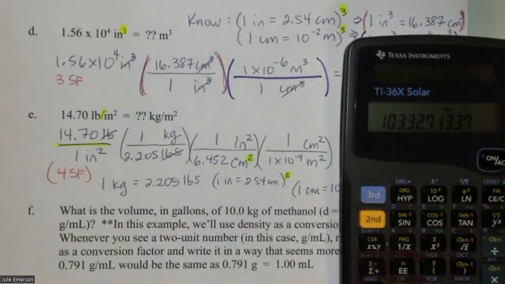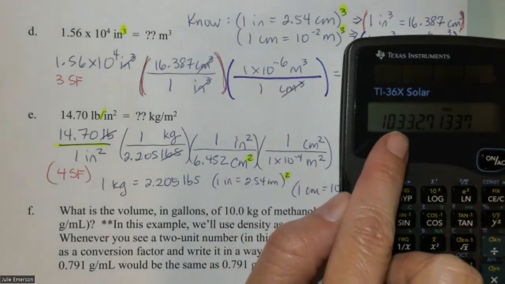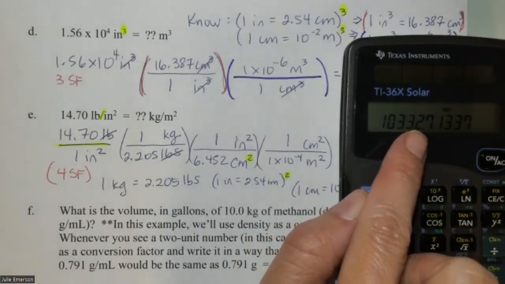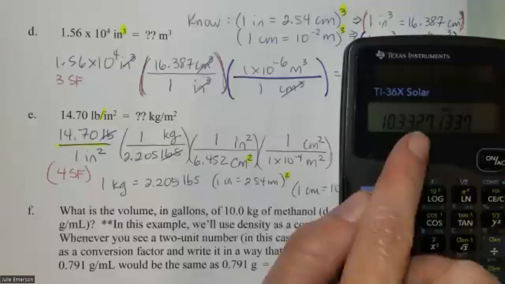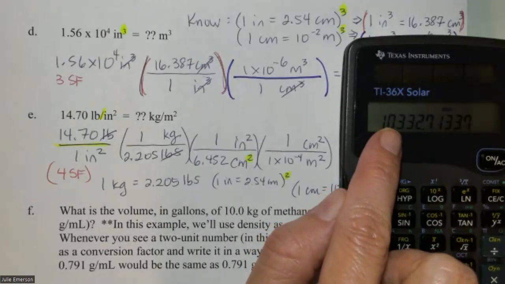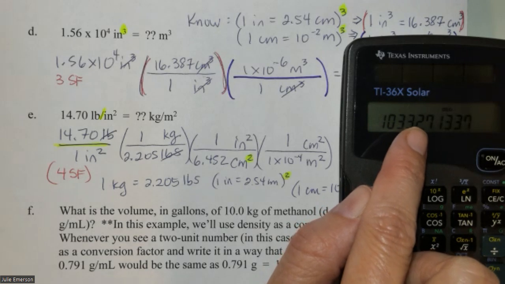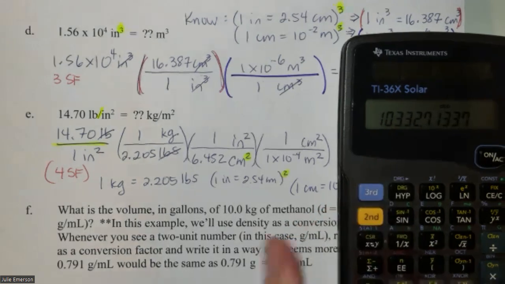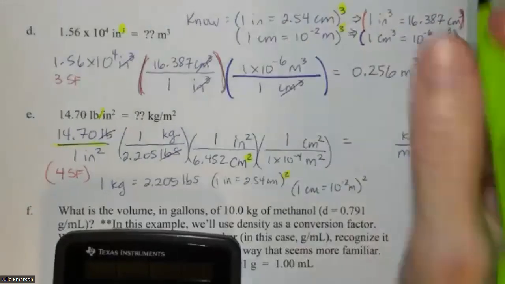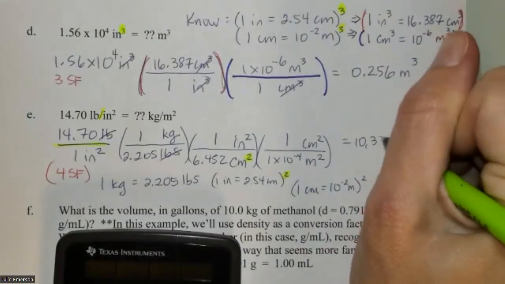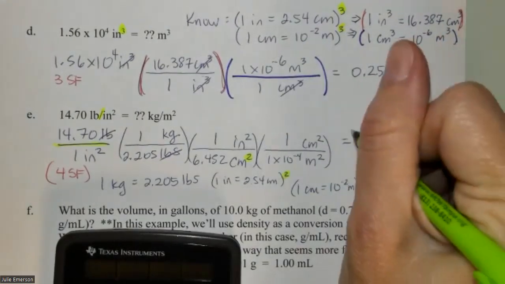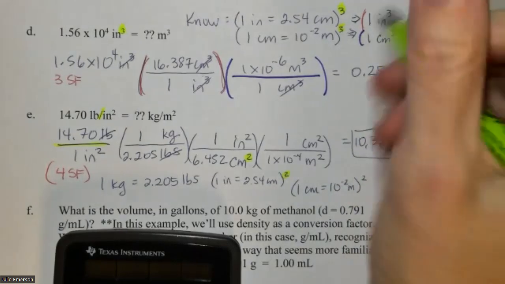So my final answer is going to have 4 sig figs. So I'm going to take 10,330. The 2 is going to become a 0 just for the placeholder. So 1, 2, 3, 4 sig figs. The 2 goes away, but I need the placeholder of a 0. So this is going to become 10,330 kilograms per meter squared.